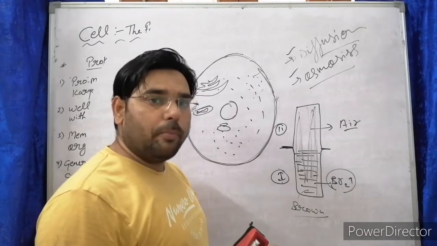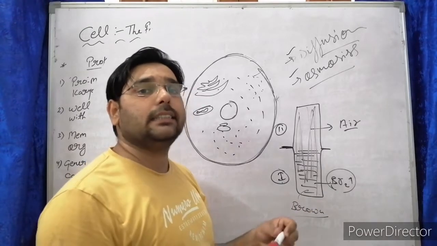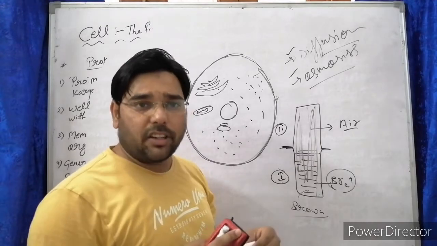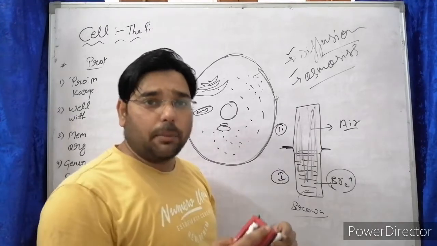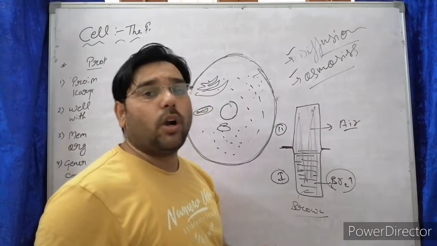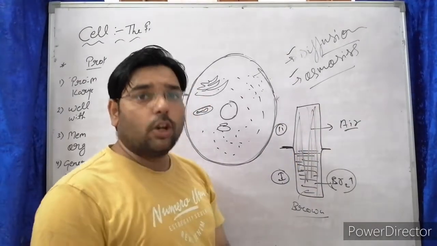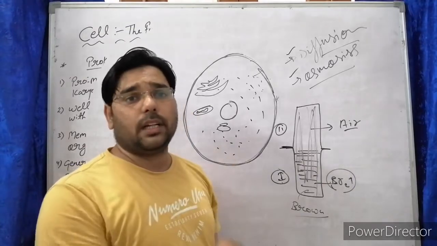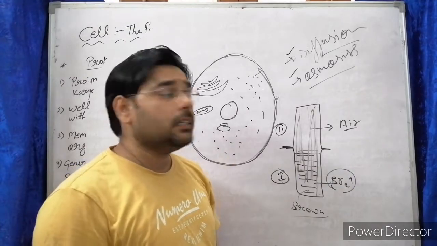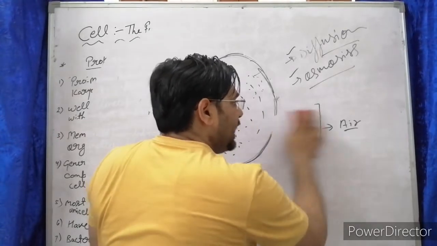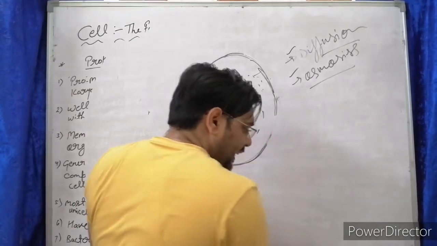Okay, so the movement of substance from higher concentration to lower concentration according to the concentration gradient without a semi-permeable membrane is called diffusion. Okay students, now what is osmosis? Osmosis is also according to the concentration gradient, but there is a difference. What is the difference? Diffusion can take place in solid, liquid and gas.